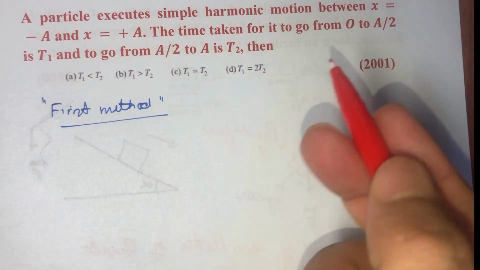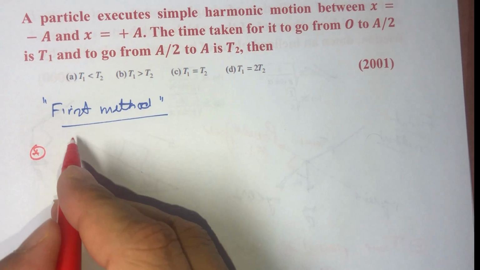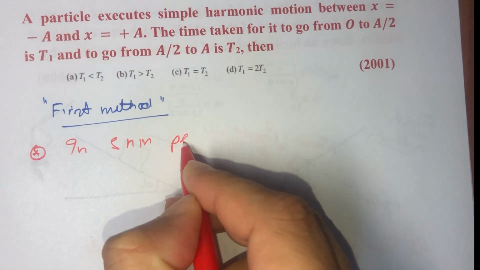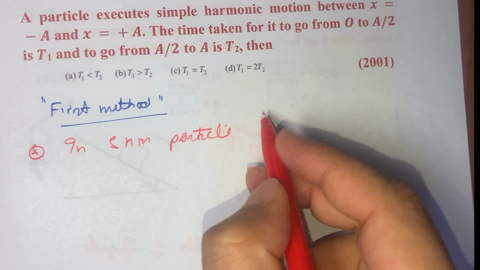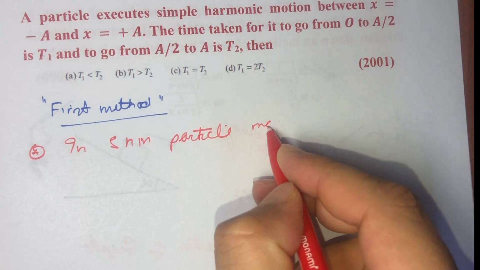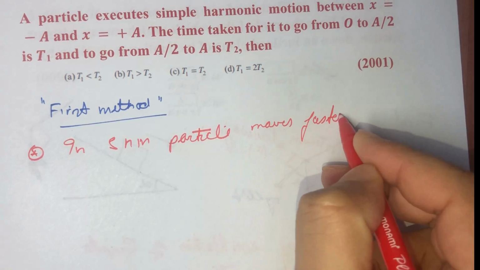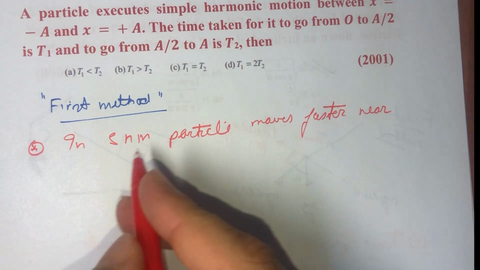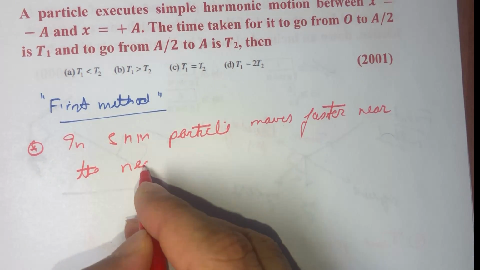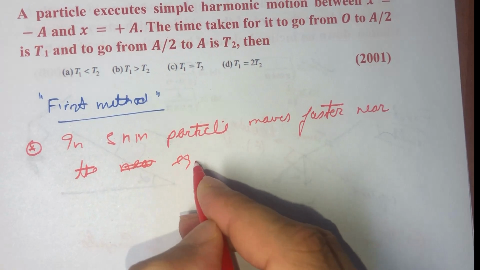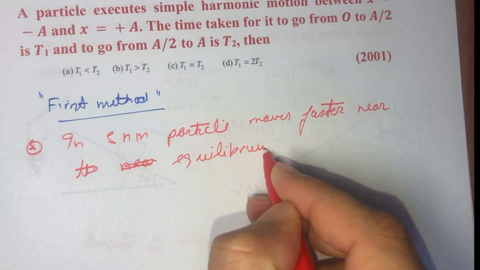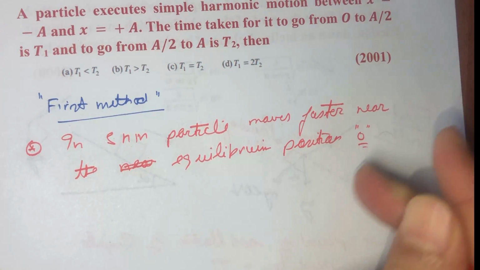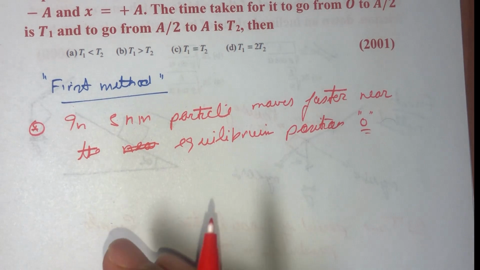In the given question itself, in SHM the particle moves faster near the equilibrium position, and that equilibrium position is represented as O. To explain this, we can use two analogies.